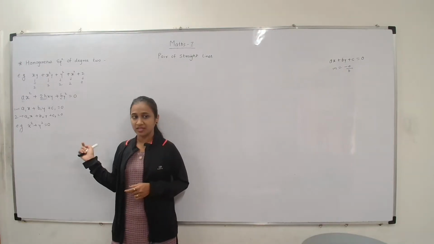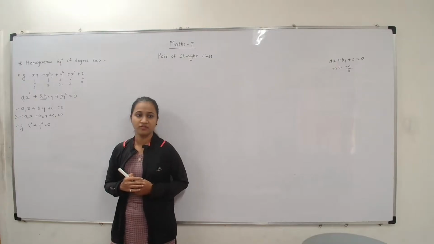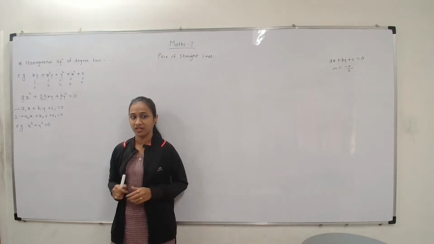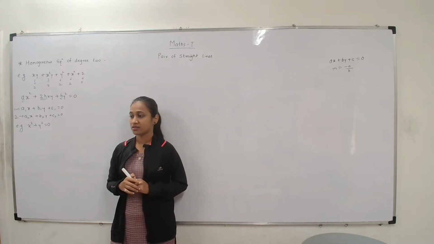So this equation is a homogeneous equation of degree 2, but it is not representing the combined equation of a pair of straight lines. Then what is the condition that your given equation represents the combined equation of a pair of straight lines? That is nothing but your theorem number 3, which is very, very important for your exam.